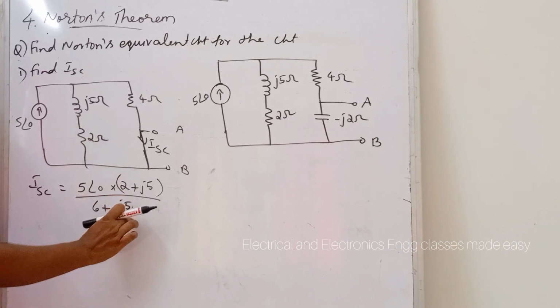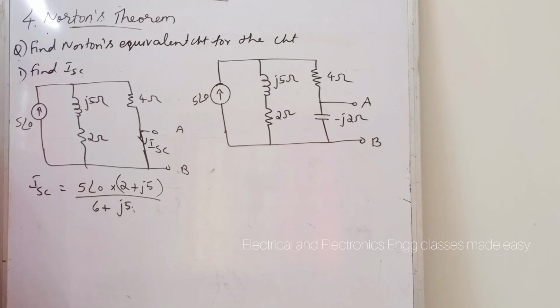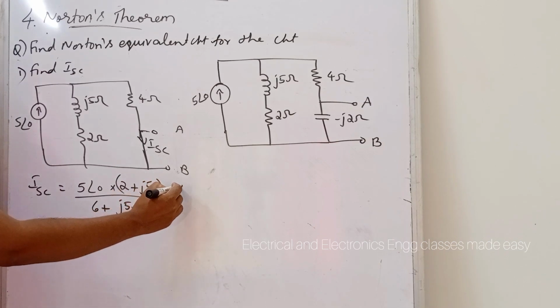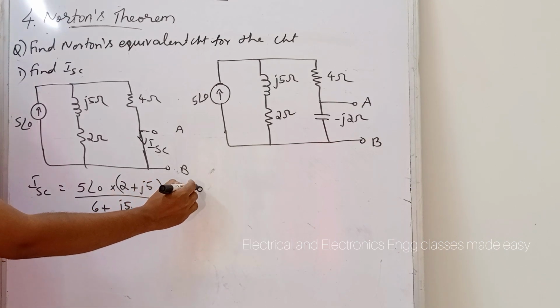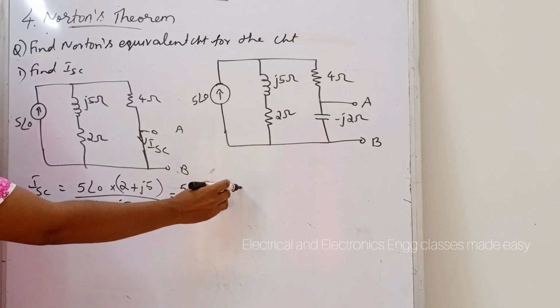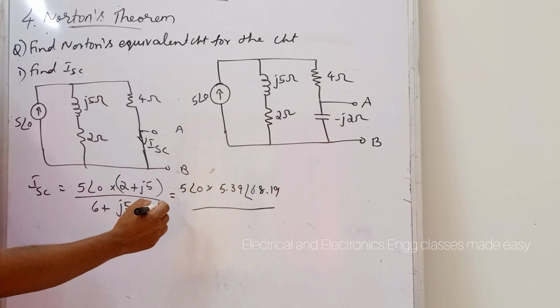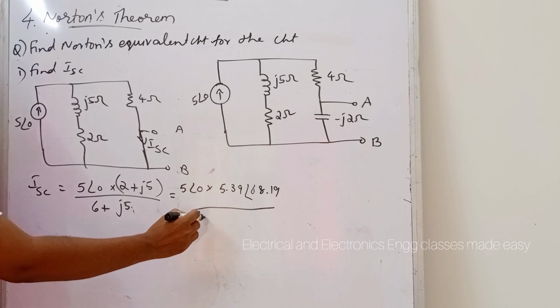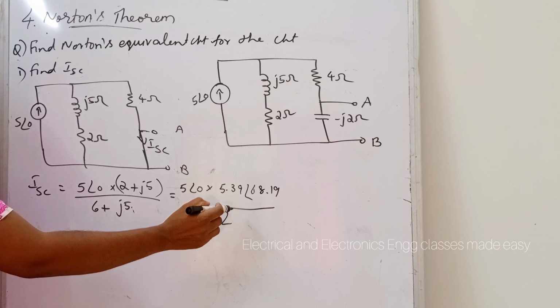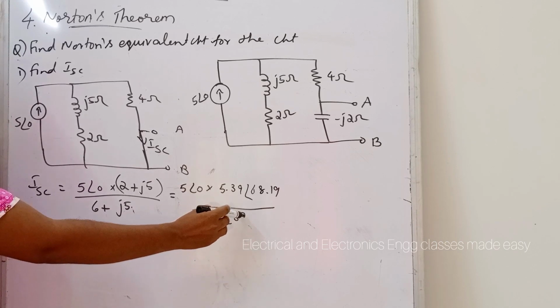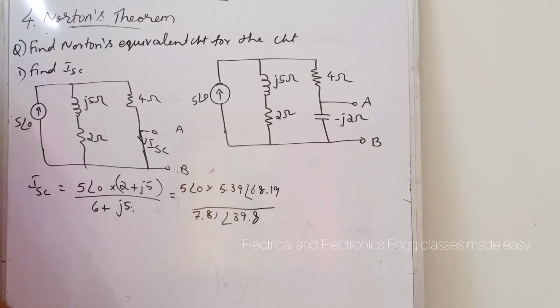Converting rectangular to polar form, we will get 5 angle 0 into 5.39 angle 68.19 divided by 7.81 angle 39.8.